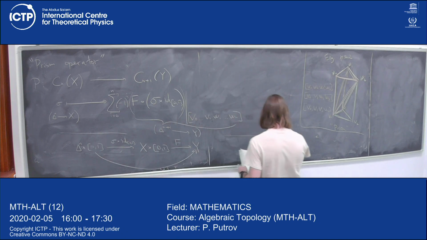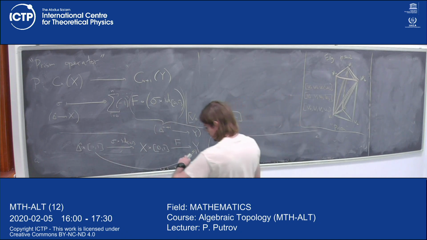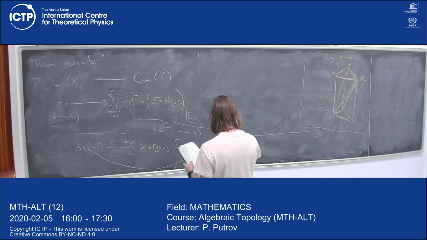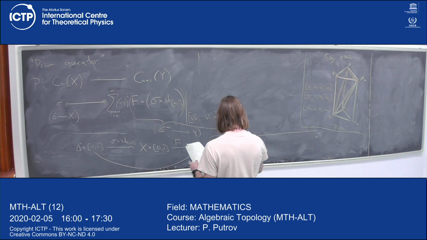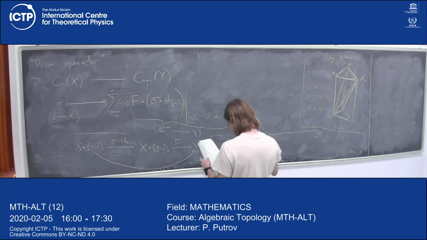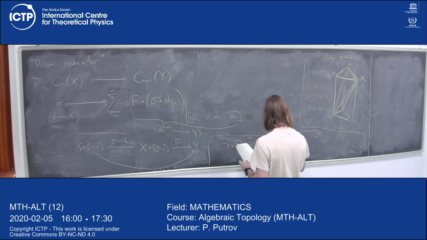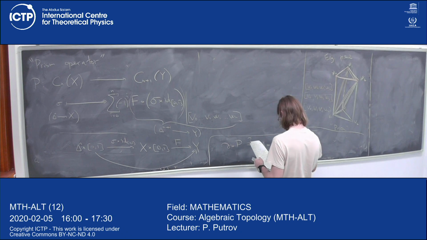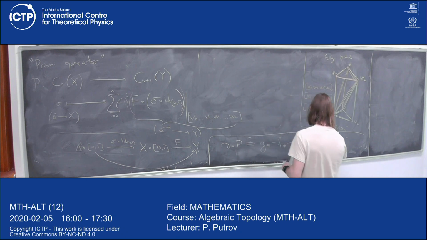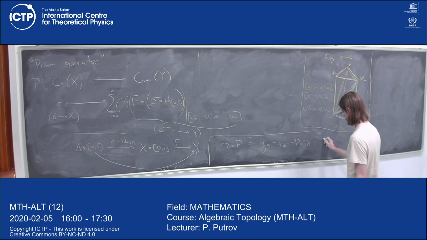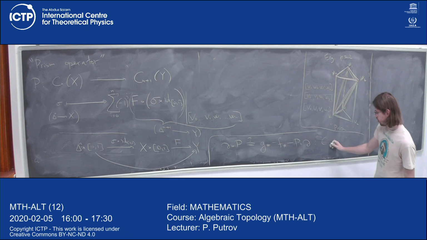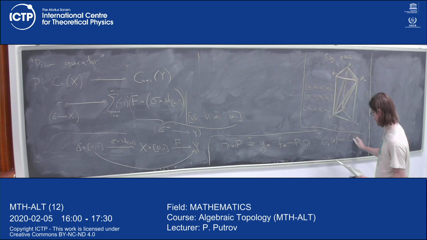So what do we want to show? We probably are not going to have time to show this, which we will do, I guess, next time. We want to show this property for the prism operator, understood as a relation between homomorphisms from Cn of x to Cn of y.